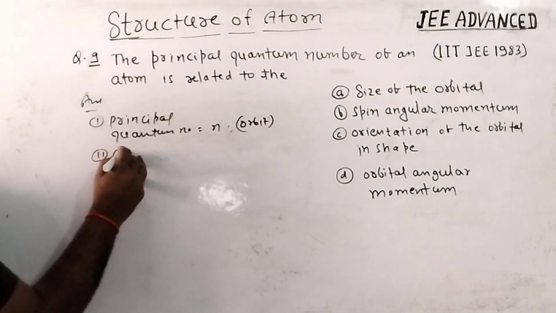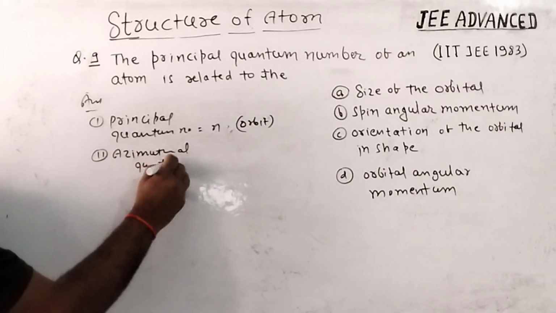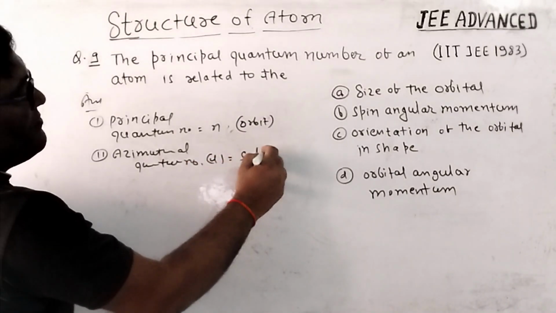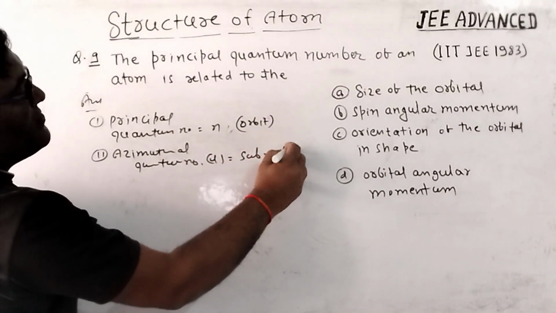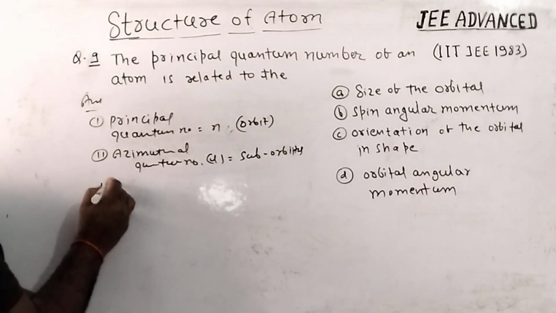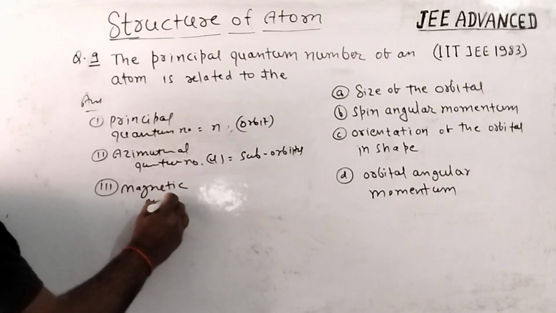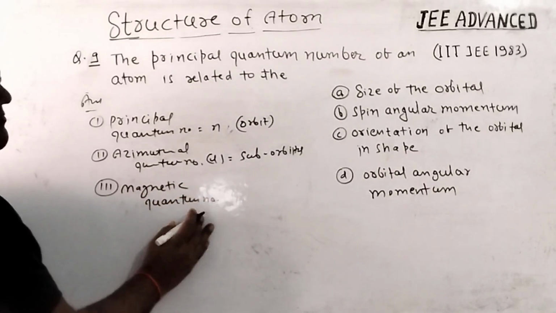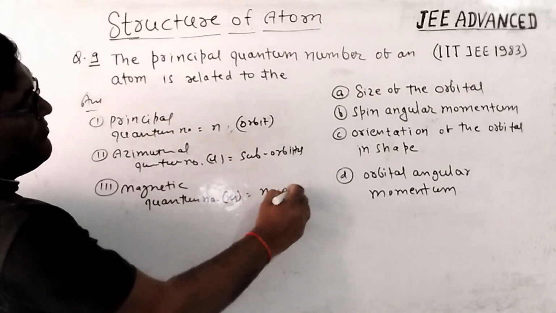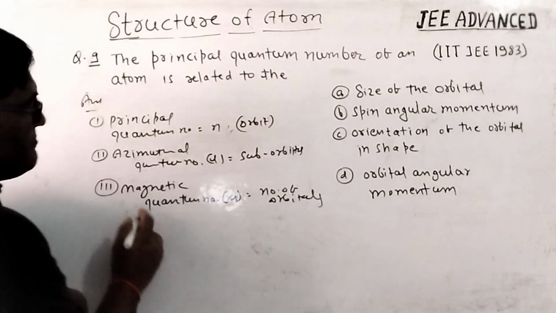Now second is azimuthal quantum number. l represents sub-orbits inside the atom. Third is magnetic quantum number denoted by m and represents number of orbitals inside the atom.